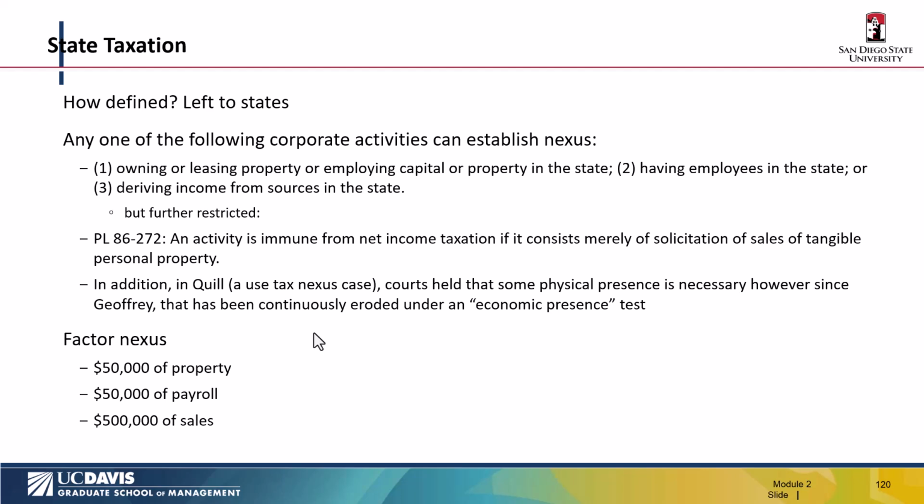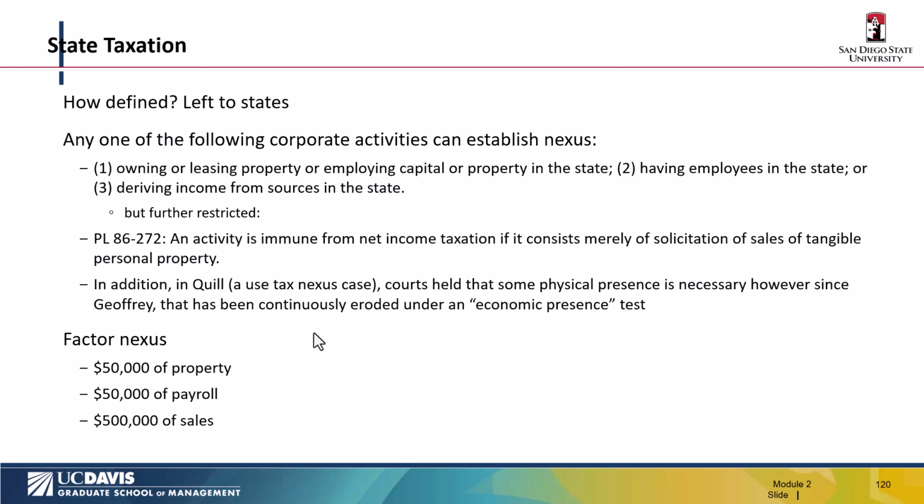There is one further restriction, and it comes from federal law, and it's a fairly old federal law, Public Law 86-272, and it says an activity is immune from net income taxation if it consists merely of solicitation of sales of tangible personal property. So let's make sure we understand those requirements because they are narrow.